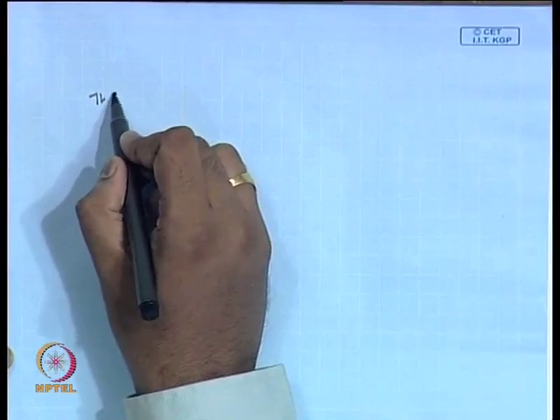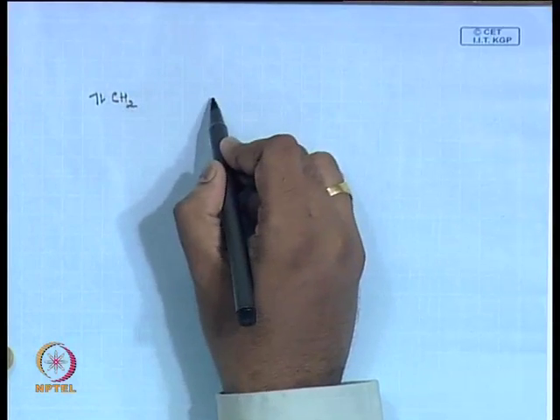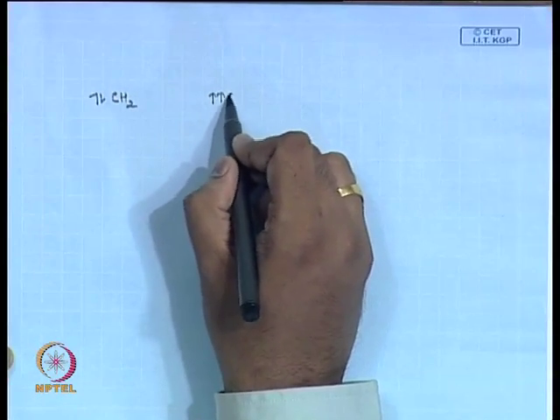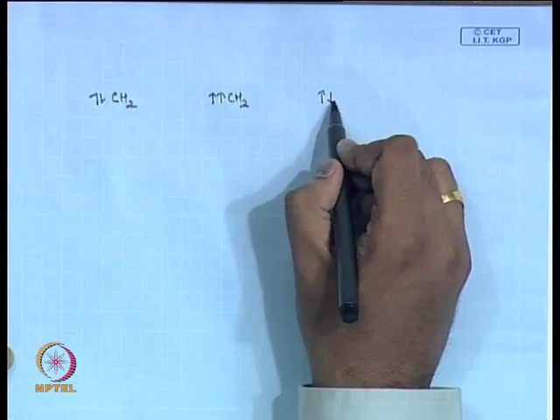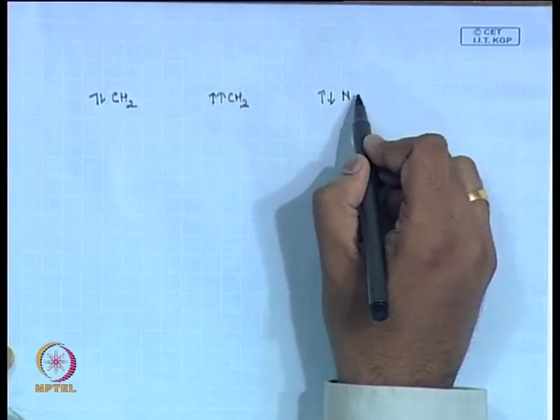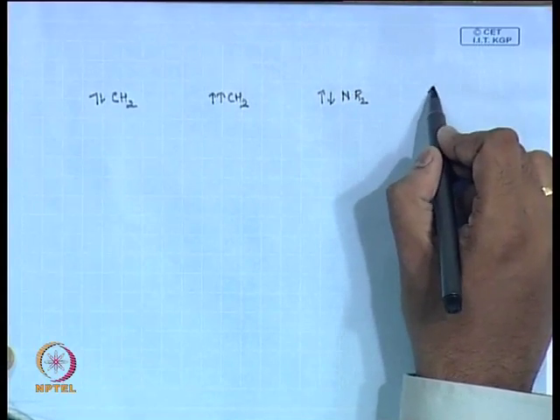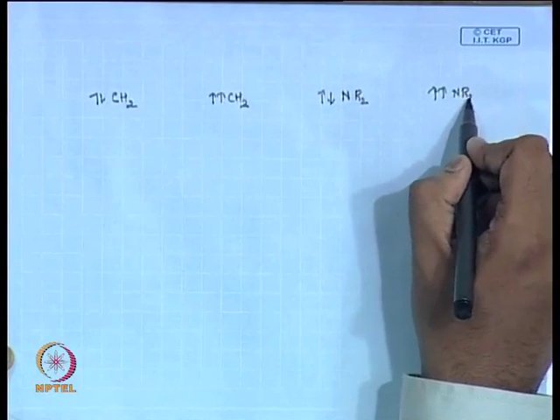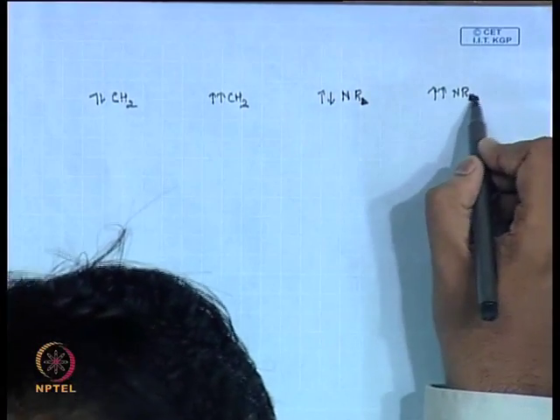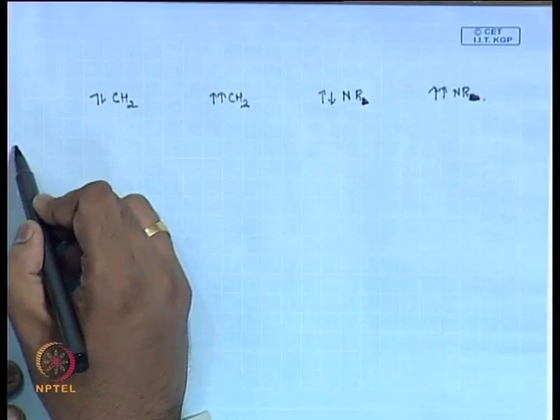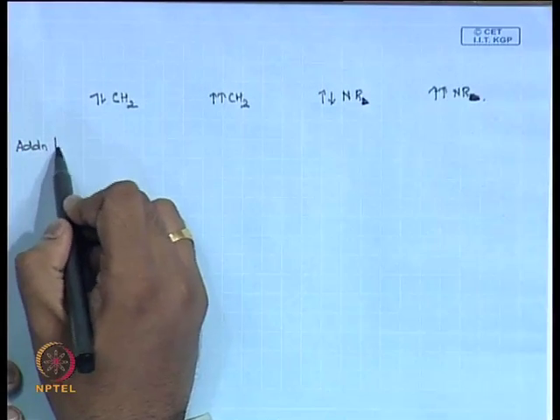So I will now summarize these, just two reactions. This is my singlet carbene, triplet carbene, singlet nitrene, my triplet nitrene. So we will see addition to pi systems, how these work.